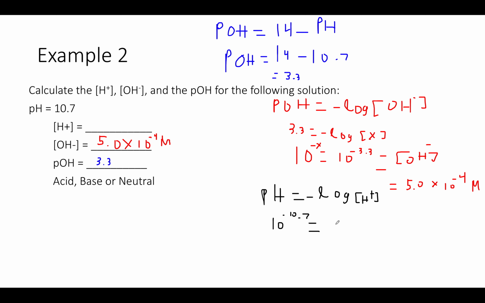So you get your hydrogen ion concentration to be 2.0 times 10 to the negative 11th molar. So finding the hydroxide ion concentration and finding the hydrogen ion concentration are very similar. You're just using the pH versus the pOH.